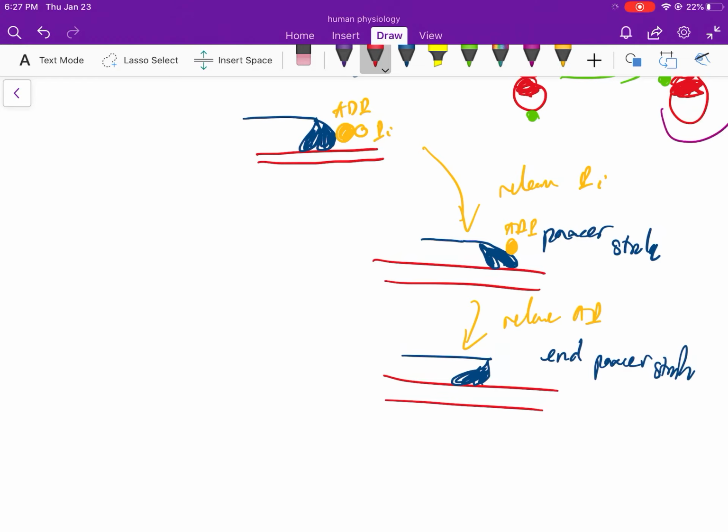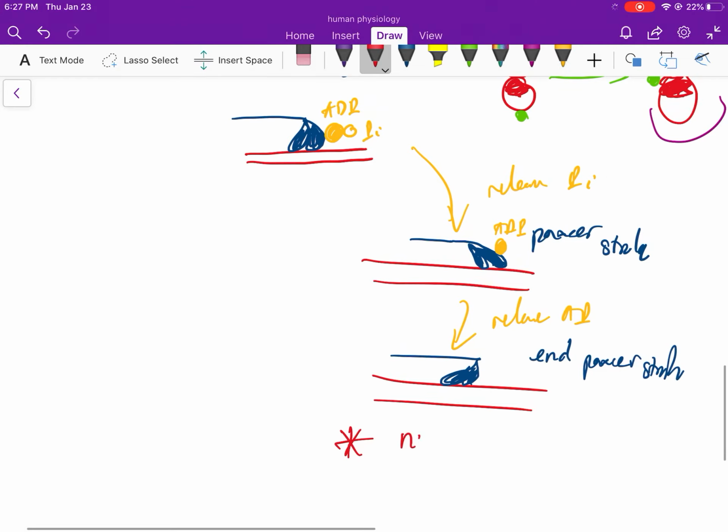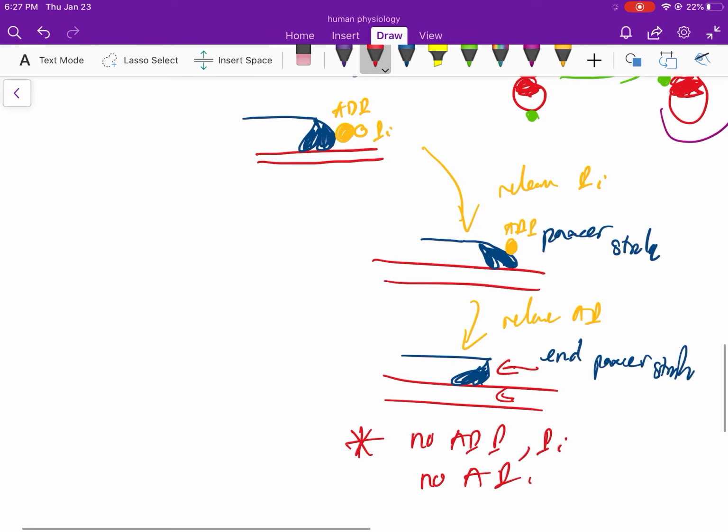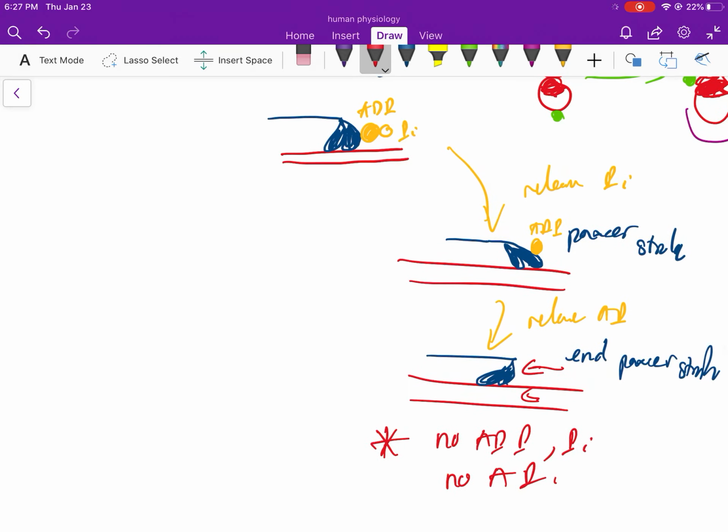And at this point, really important: no ADP, no Pi, no ATP. The myosin will bind really strongly to the actin and doesn't release. And that's how dead people have a really hard body, because the actin and myosin interaction does not get released.